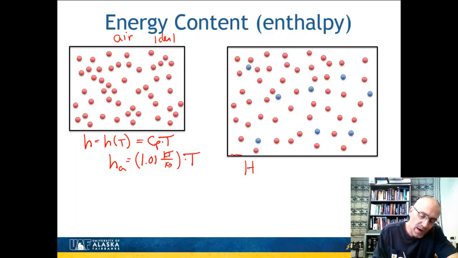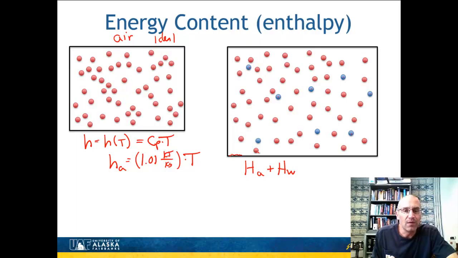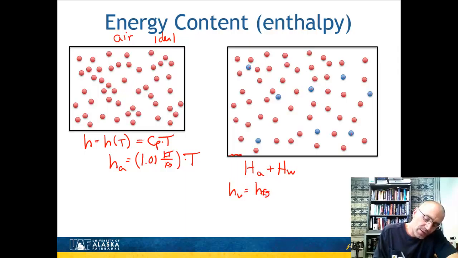If I want to quantify the enthalpy, I'm just going to add the enthalpy of the air plus the enthalpy of the water together. So now I need to quantify what's the enthalpy of the water. How much did it add to this mixture? Well, I have liquid that then went into the vapor phase. The enthalpy of the water is going to be the enthalpy of vaporization, which is hfg, and then I'm going to raise this up to some temperature.